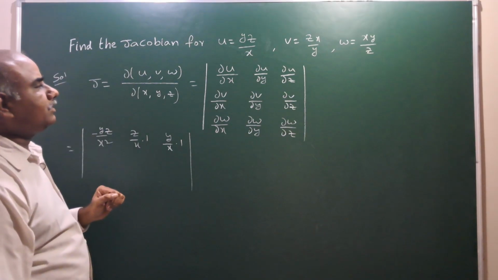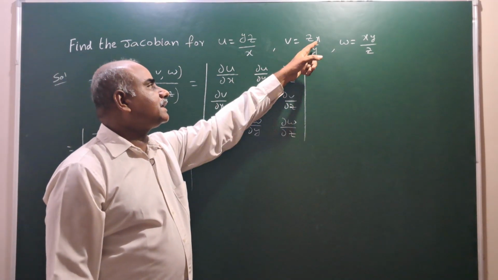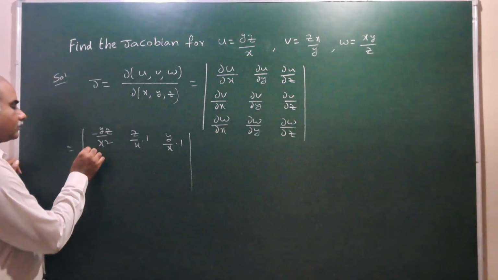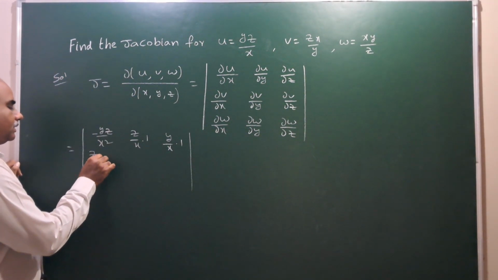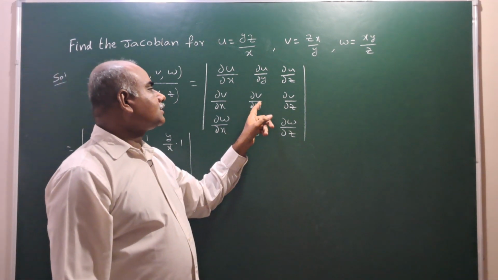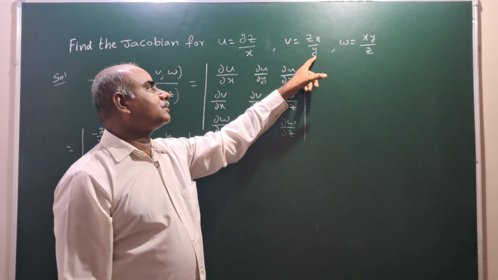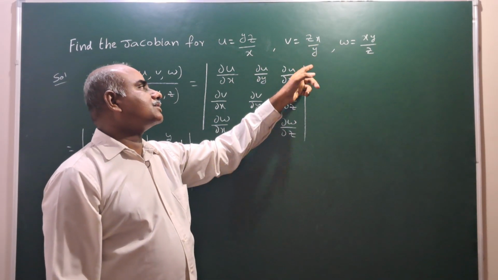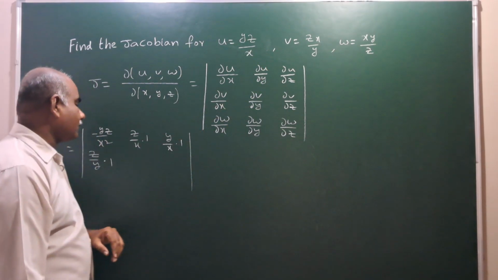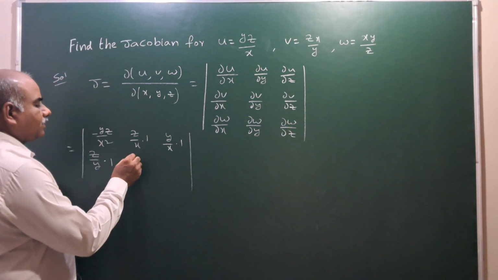Now ∂v by ∂x. Okay. Here x is a numerator. So treat z by y as constant, and the derivative of x is 1. ∂v by ∂y. So in this case y is in the denominator. So treat zx as constant, and y in the denominator means the function is 1 by y. What is the derivative of 1 by y?